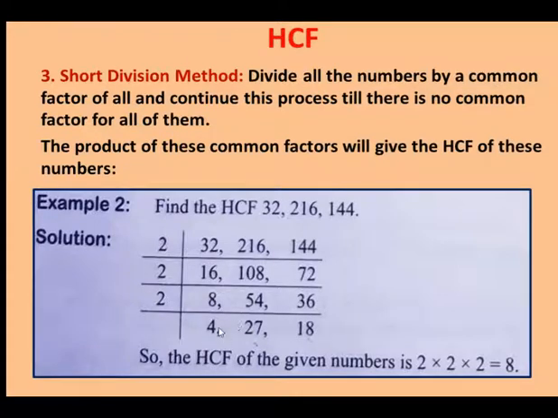So there is no common factor for 4, 27 and 18. Our common factors are 2, 2 and 2. We multiply them and the HCF is 2 into 2 into 2, equal to 8. That means 8 is the highest factor which can divide these three numbers without leaving any remainder.